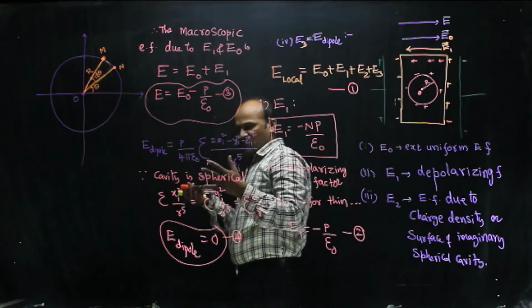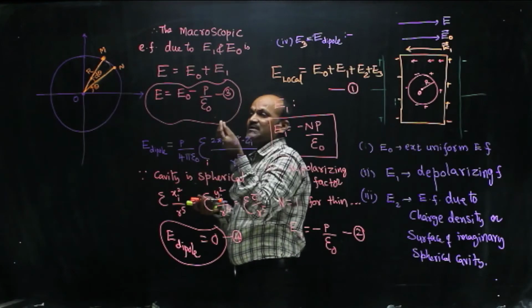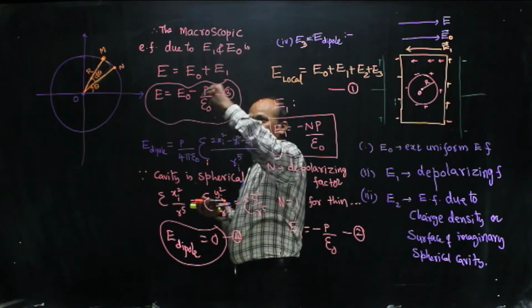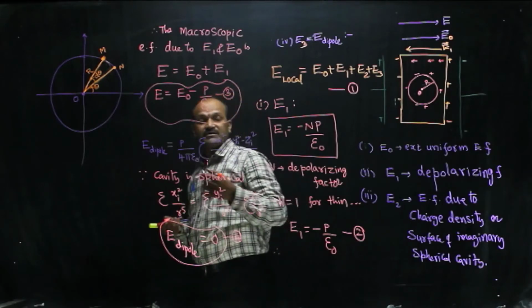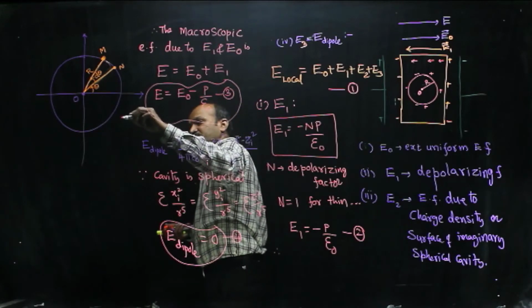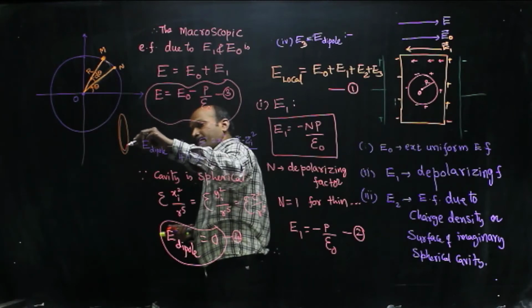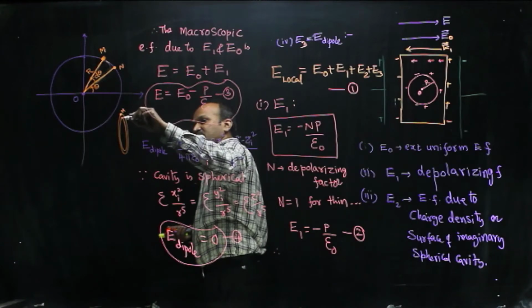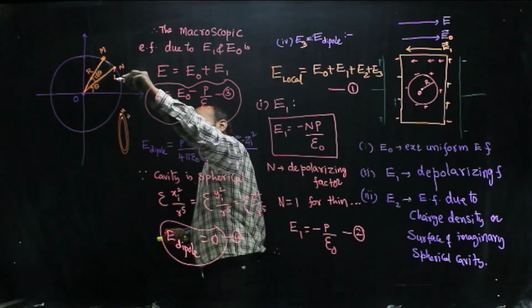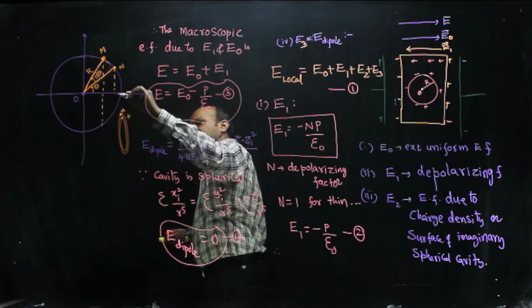Imagine a spherical watermelon, and on that surface you pick a small piece and rotate it about the horizontal axis. Then you get a strip like this, this is M, this is N, and in this way you can rotate it.